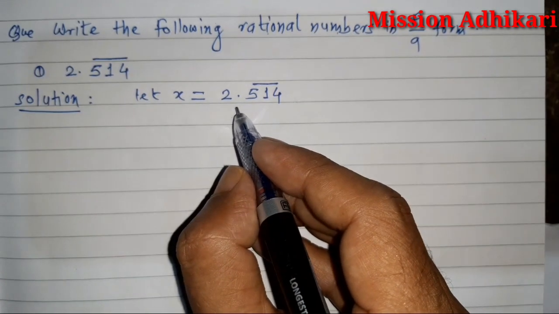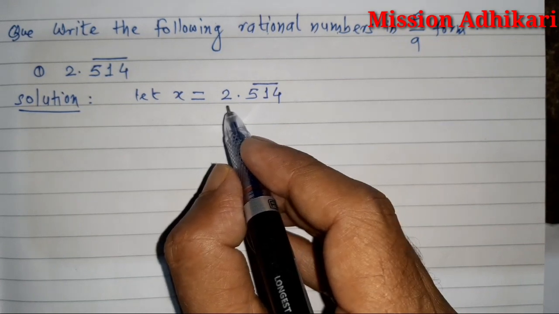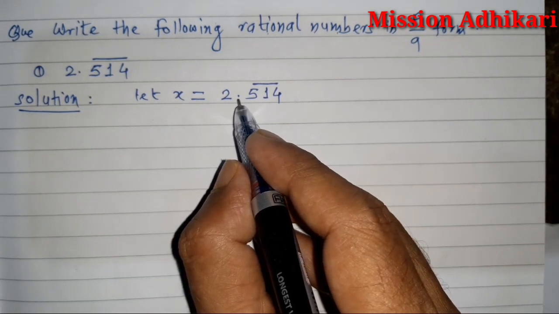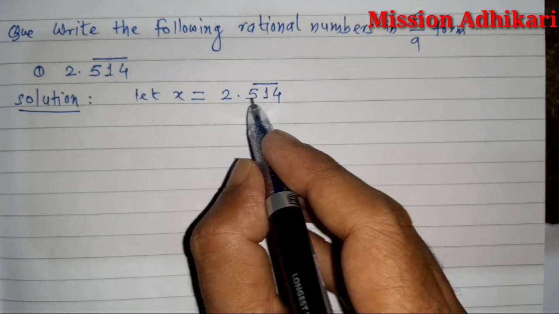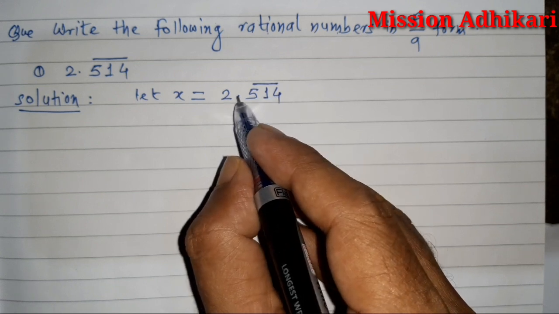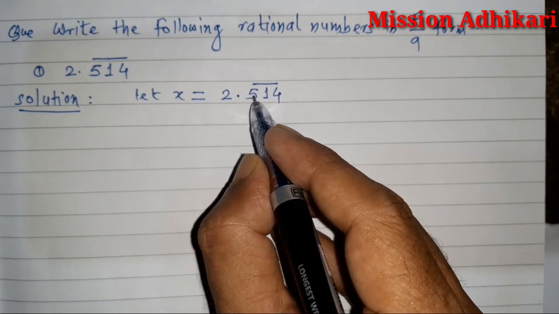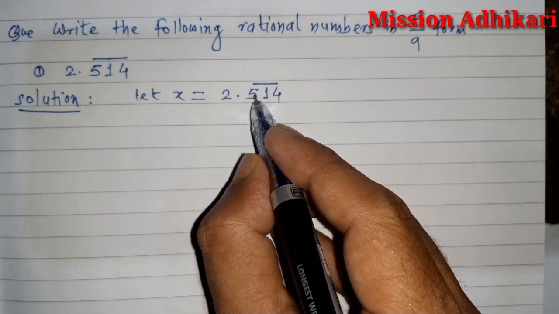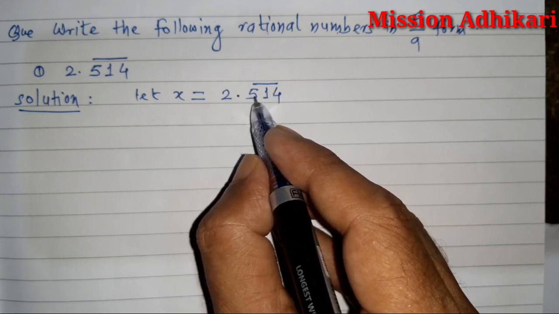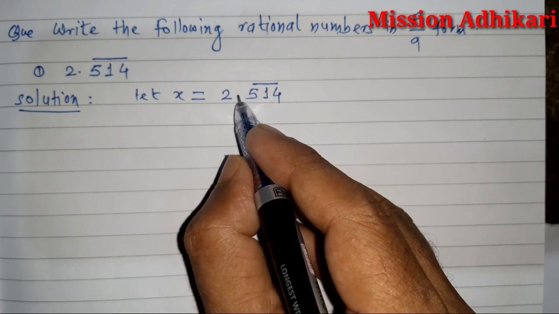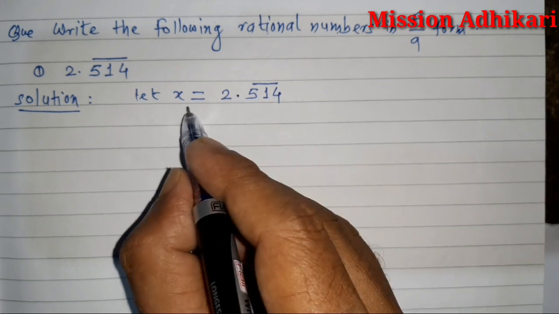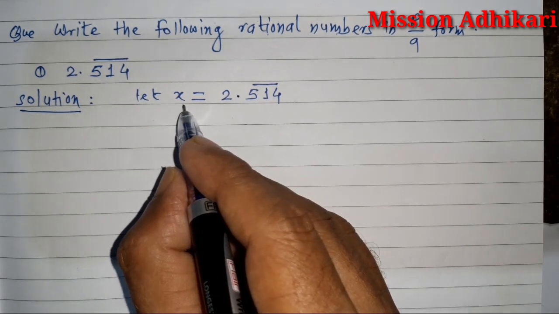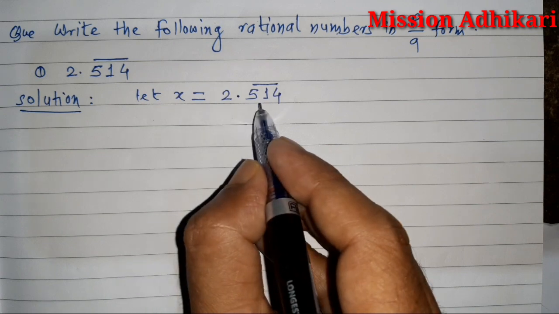How will we decide the multiplier of this number? Initially consider the number of digits after the decimal point. Here the number of digits is 3: 5, 1 and 4. These are 3 digits after the decimal point. So we multiply this equation by 1000 on both sides.